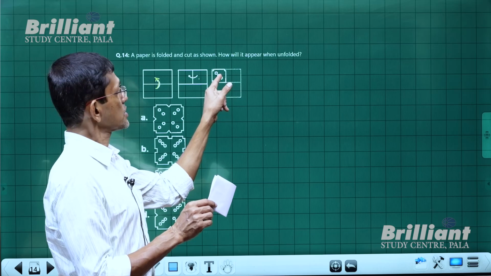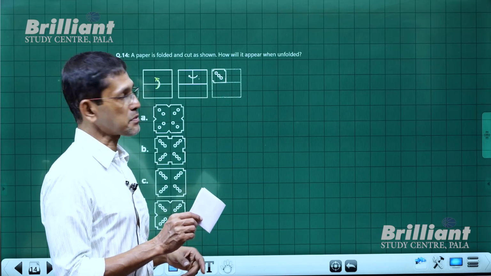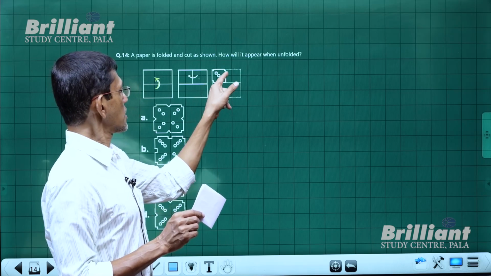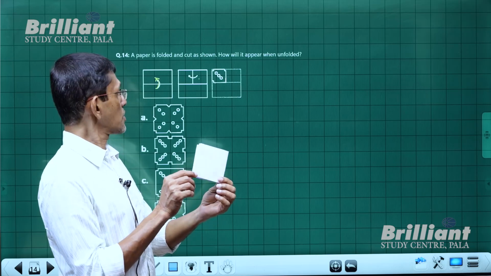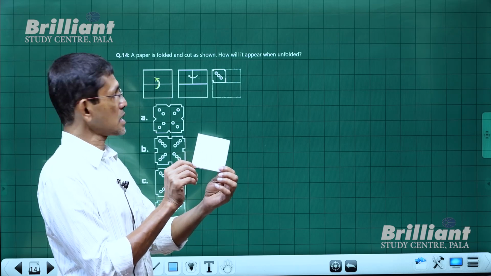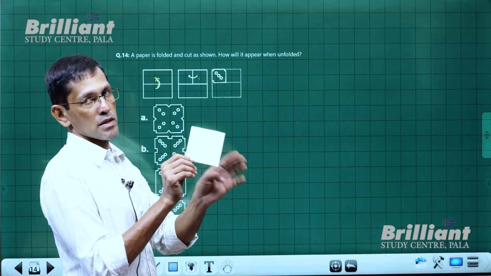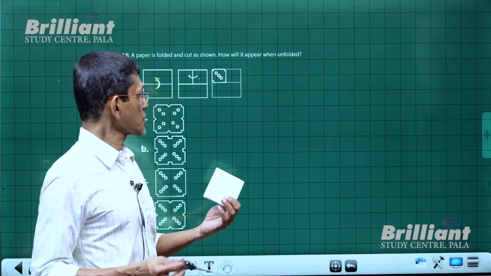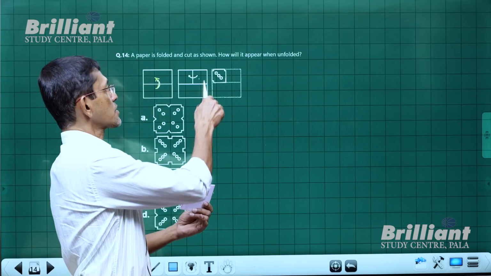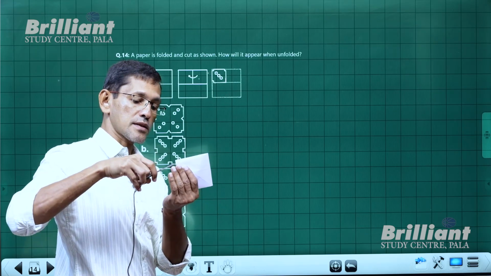Now look at the third picture. There are 3 holes put on that paper, plus some of the corners are cut as well. So which are the corners cut? This corner is cut, this corner is cut, and this corner is cut, but this corner is not really cut out. So look at the corners first. These corners are cut this way, something like this.